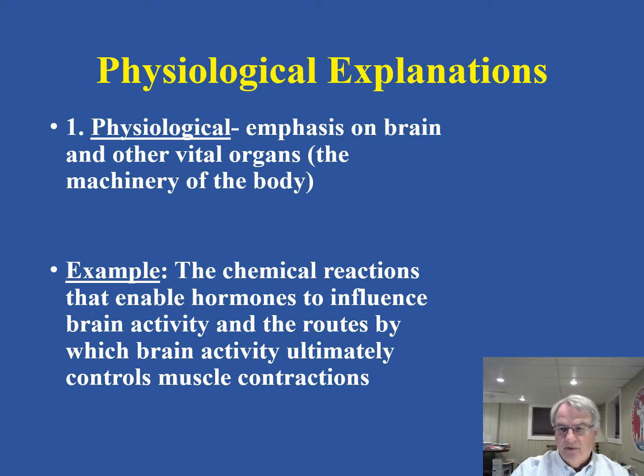The example that I like to give is that of neurotransmitters and hormones in the brain, which have many different functions, but one primary one is changing brain activity and changing how the brain is involved with influencing other organs and controlling muscles and muscle contractions.